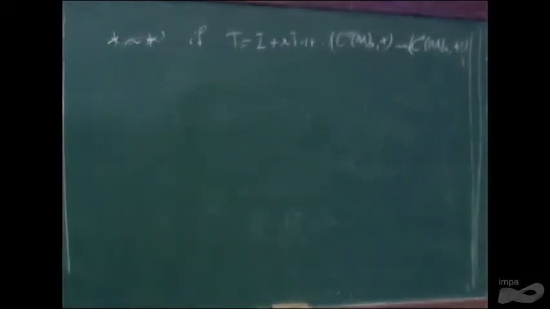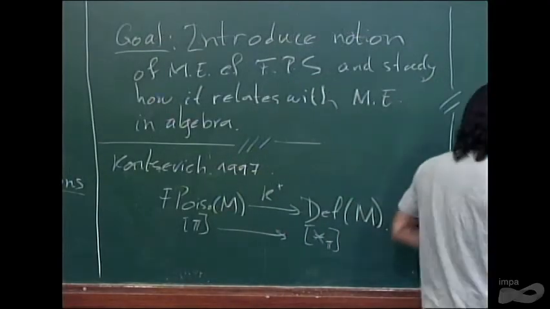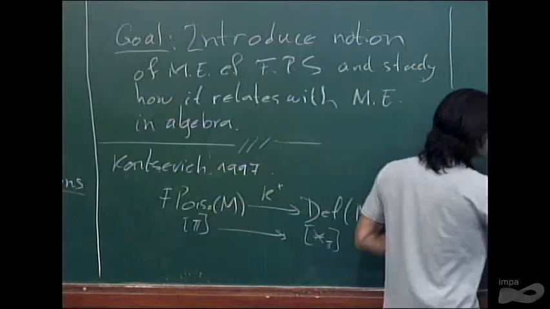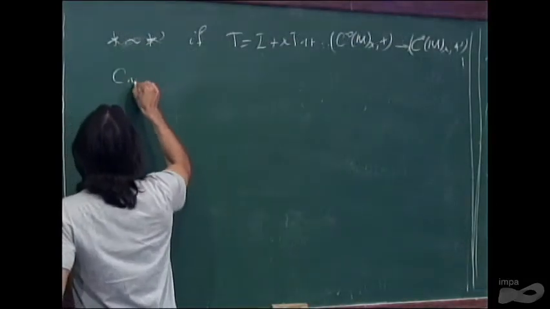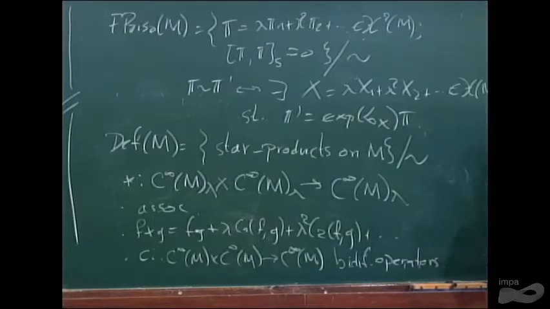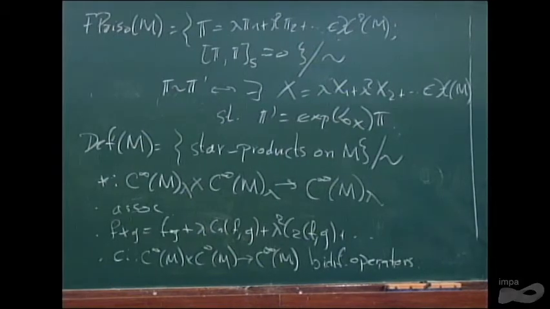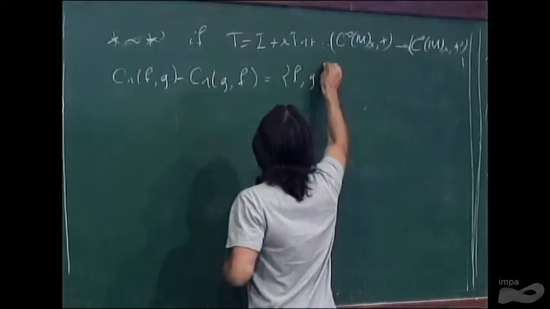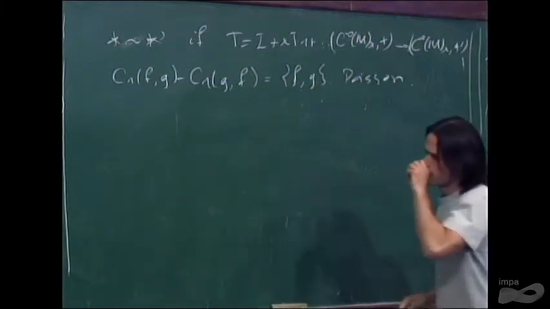And what Kontsevich gives you is a way to take this here and send it into a star product here. But not only that, if you play a little bit with this expression here, using the associativity, you will see that this C1 satisfies the following property. If you take its commutator, it essentially gives you a Poisson bracket on the space of functions.